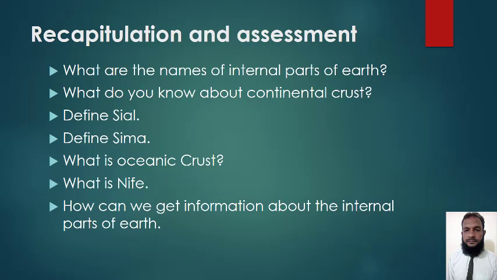How can we get information about the internal parts of earth? By the use of seismic waves and magnetic and gravitational forces of the earth, we can get information about the internal parts of earth. But this information is very little information.